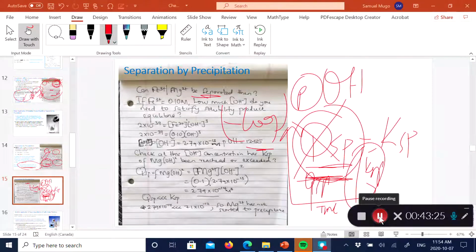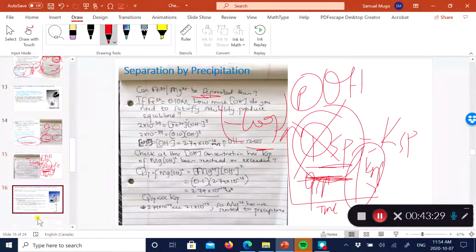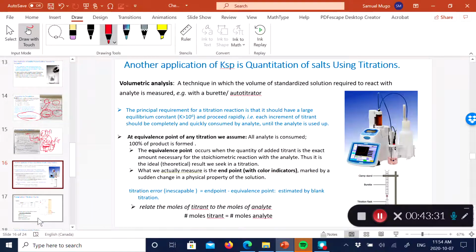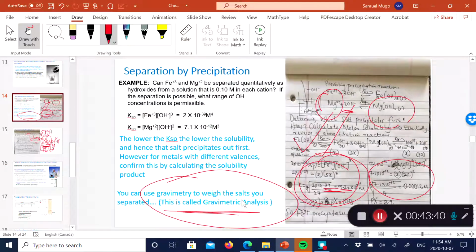So the next part of the lecture is to talk about titration. So you can see what I've just done there before is a titration per se. It's really a titration, only that, instead of using volumetric analysis, in this case, I just did precipitation and used an analytical balance.